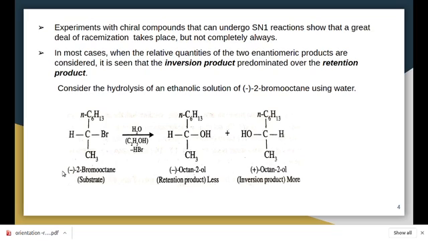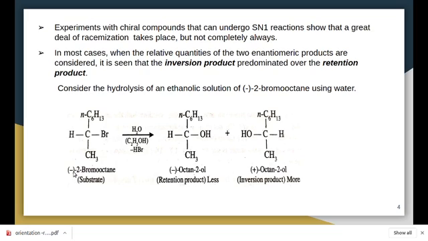Optical rotation means this chiral molecule rotates the plane polarized light in the anti-clockwise direction, the negative direction, whereas this one rotates the plane polarized light in the clockwise direction, the positive direction. So from the rotation we know whether it is the inverted product or the retention product.